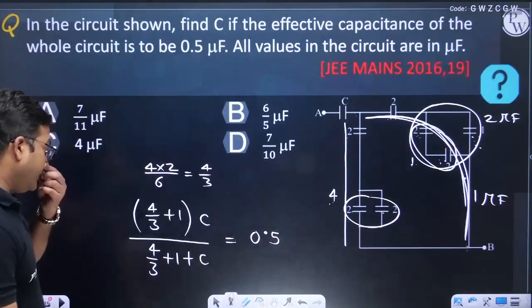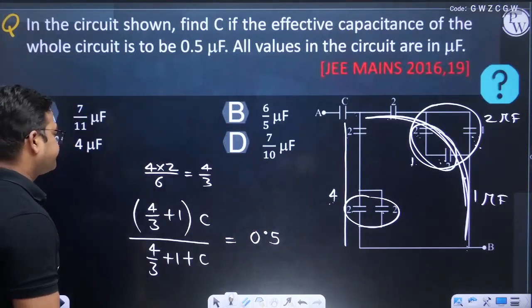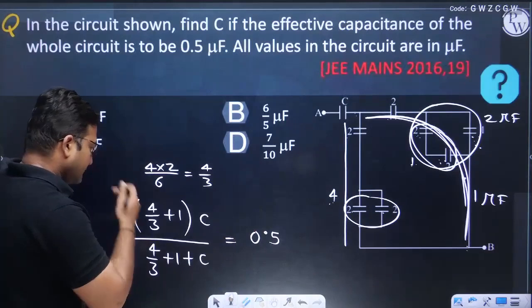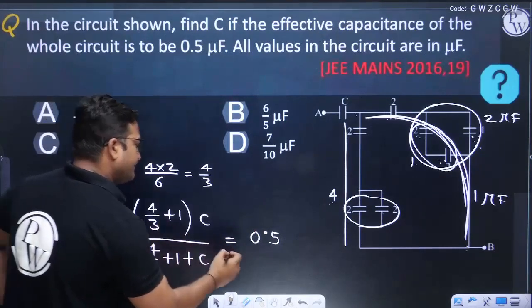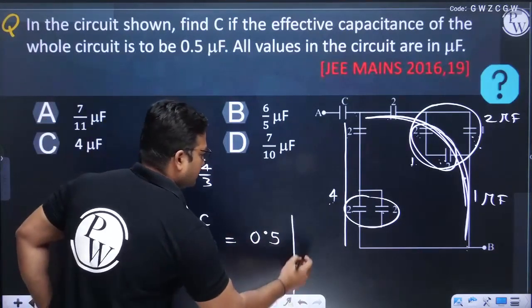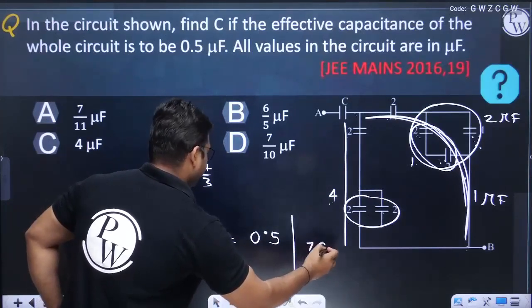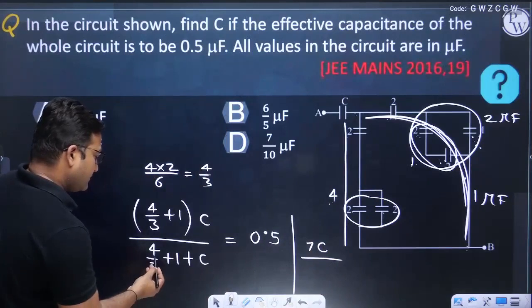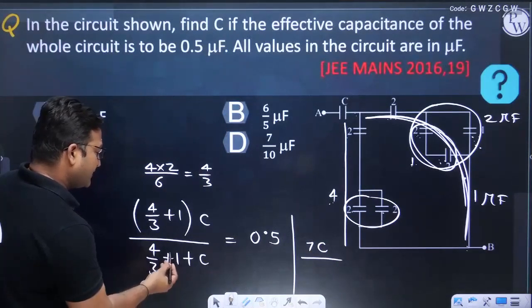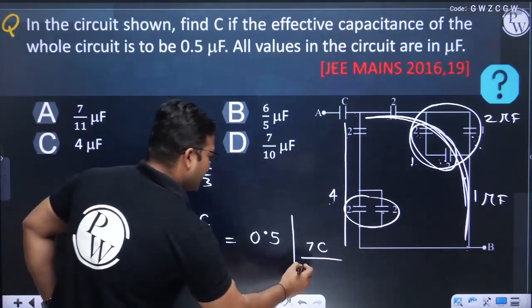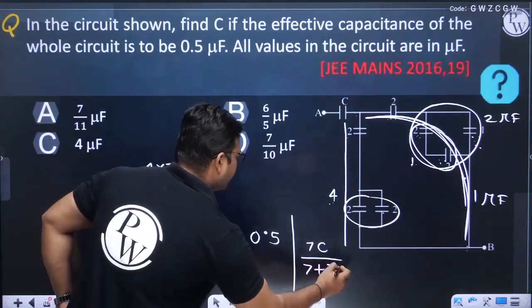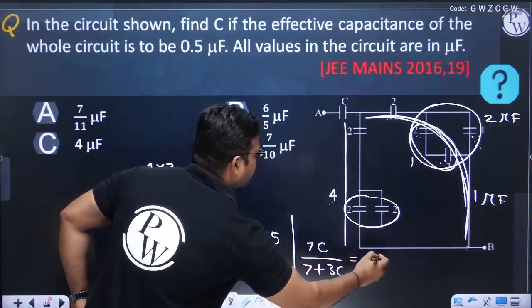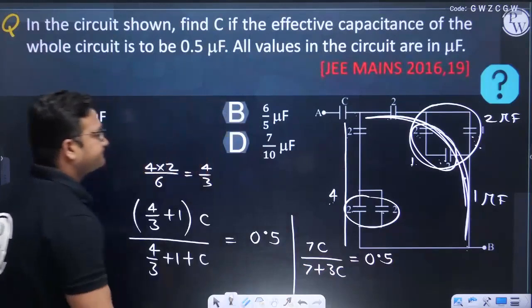Okay, let us solve it. So here you will see 7C divided by, 4 by 3 plus 1 is 7 by 3, so 7 plus 3C equals 0.5.